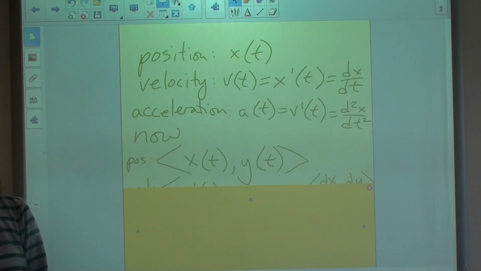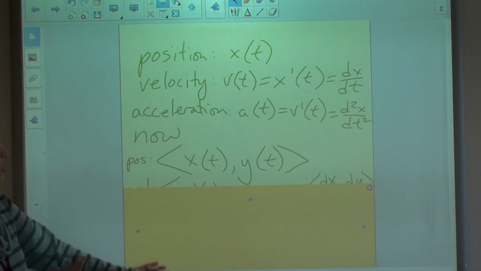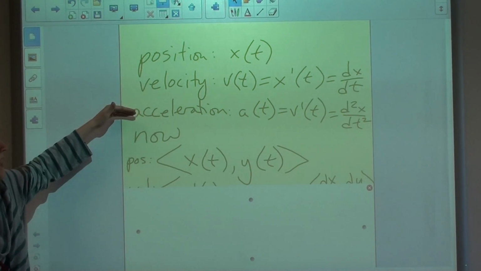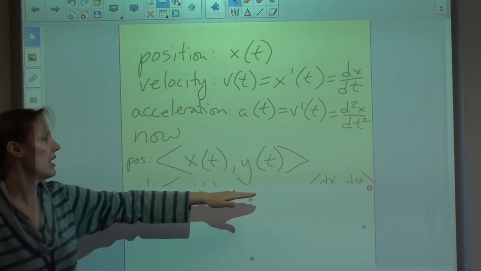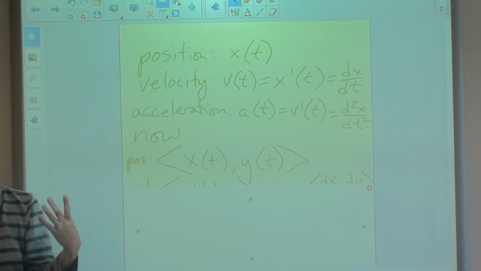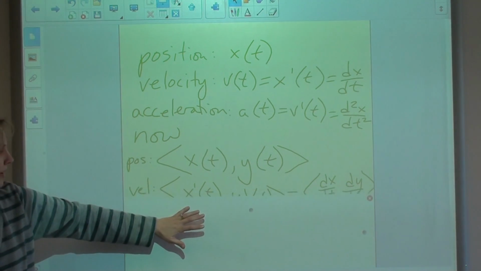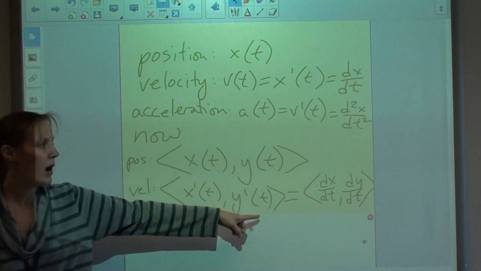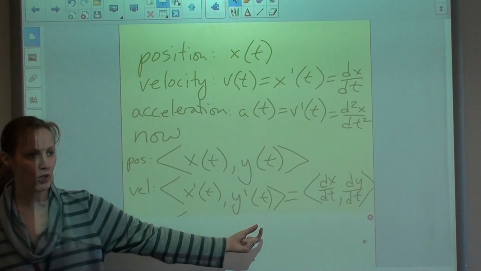All right? So you get a horizontal component and a vertical component. Okay? So it's the exact same PVA. The only difference is that now your position has an x of t and a y of t, and it'll be written as a vector. All right, so your velocity is going to be x prime, y prime. You just treat them separate, you do them separate.